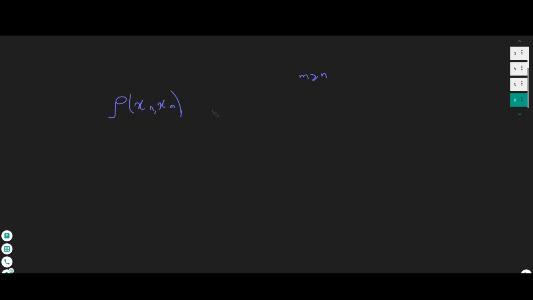These could be arbitrarily large, doesn't matter. Well, finite. So what we can do here, we can write these as rho of f applied n many times to x sub 0, comma f applied m many times to x sub 0. That's what we have here.